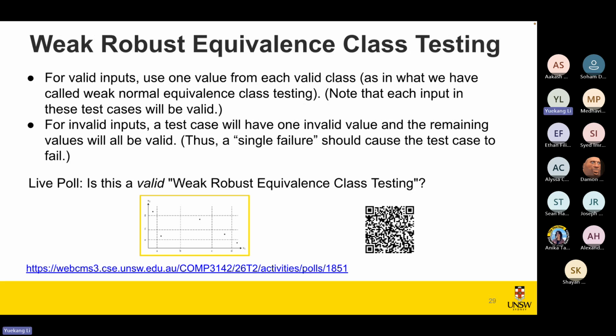And let's do a live poll. Does this image illustrate the weak robust equivalence class testing properly?